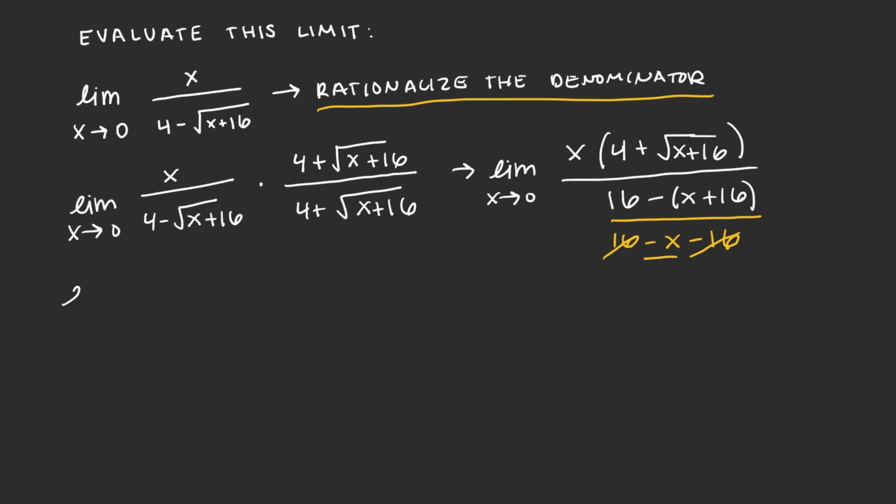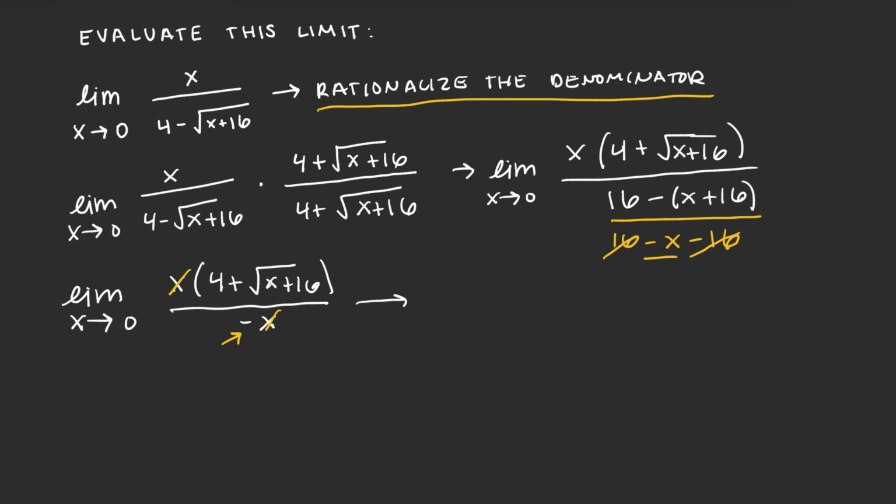So we're left with the limit as x approaches 0, x times 4 plus the square root of x plus 16 over negative x. And this x will get rid of this x, but remember we'll still have this negative. So this will all simplify to the limit as x approaches 0, negative 4 plus the square root of x plus 16.